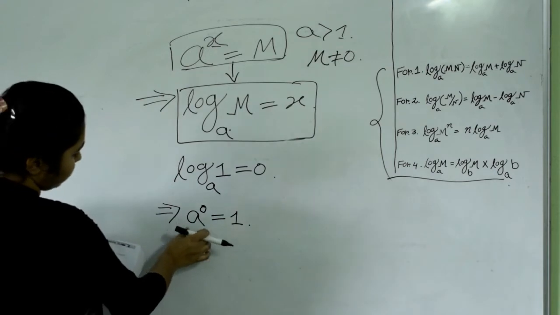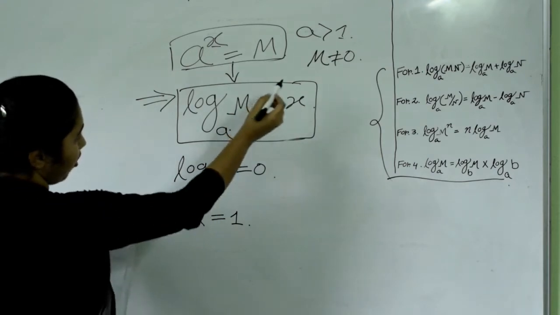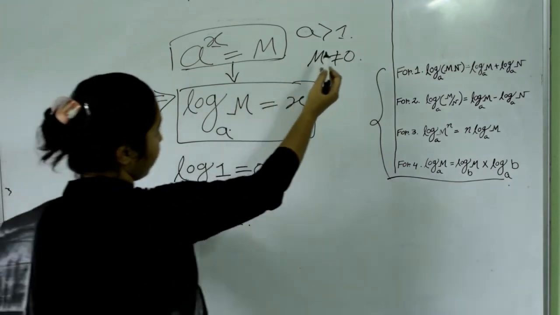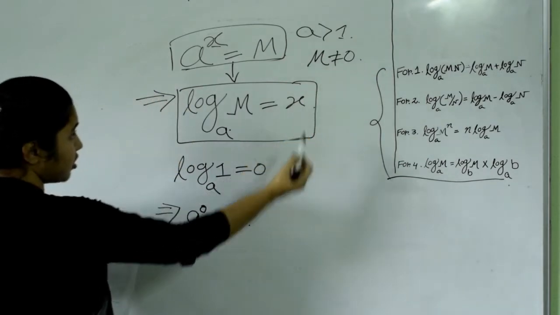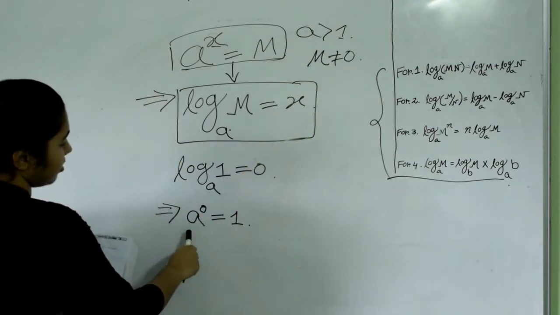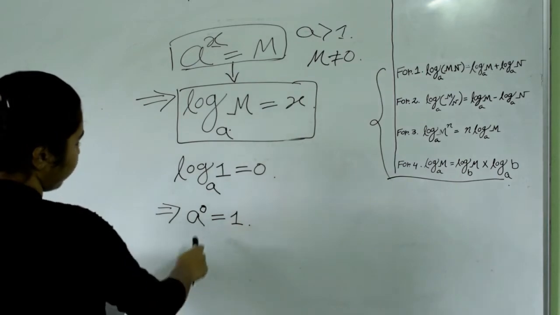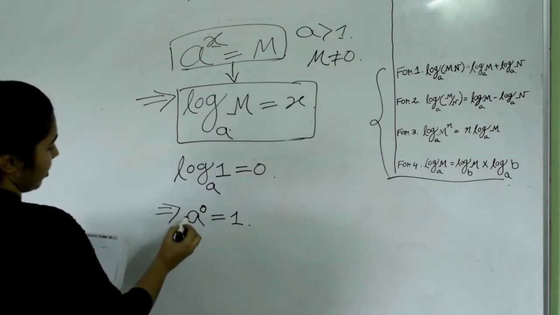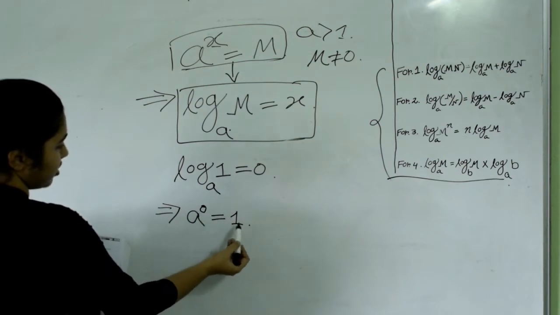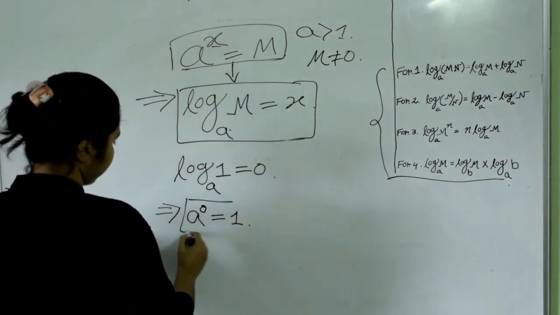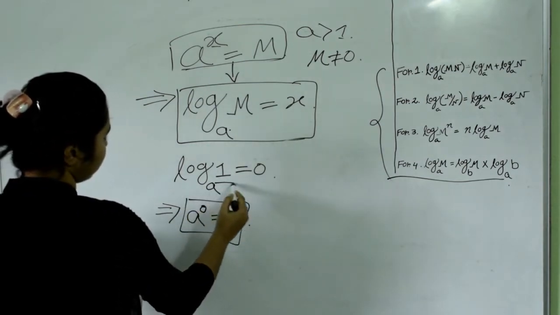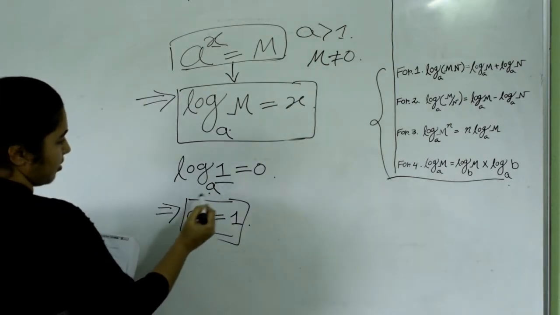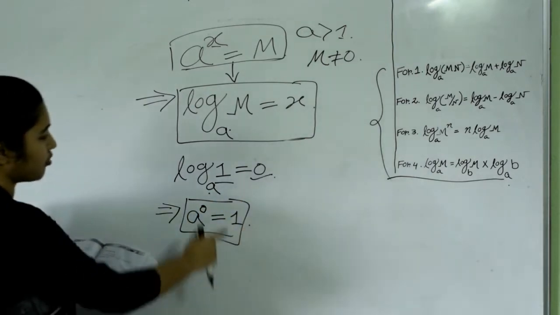Why? Because any real number not equal to 0, and a is greater than 1 so a is not equal to 0, with power 0 is 1. That's why the value of log 1 with any base is 0. Now this is important.